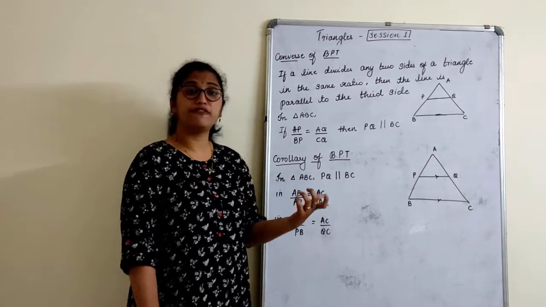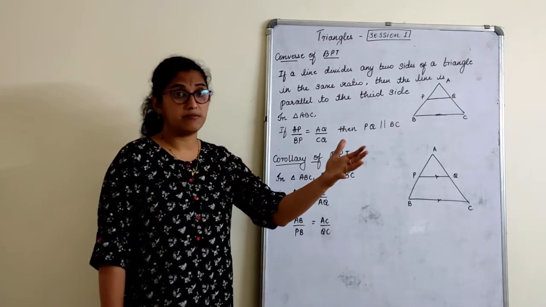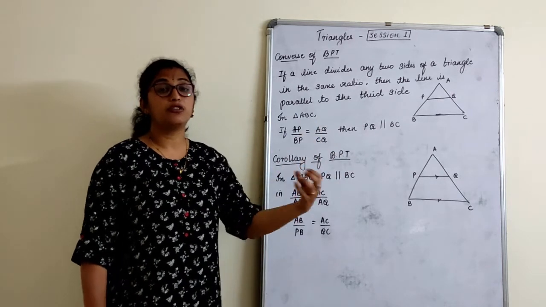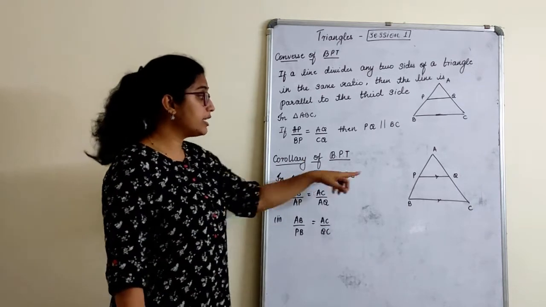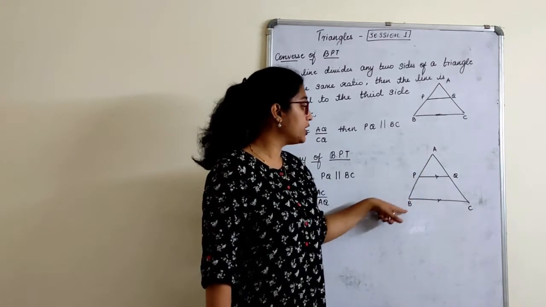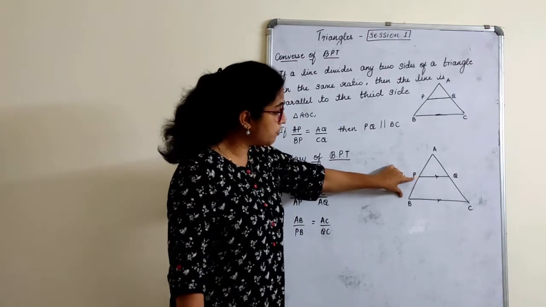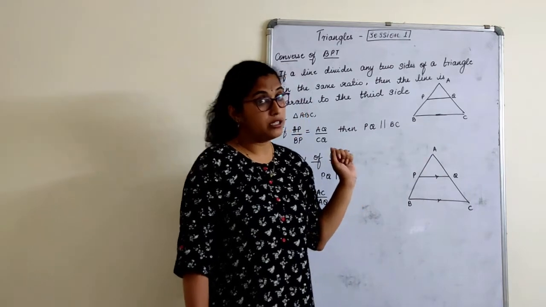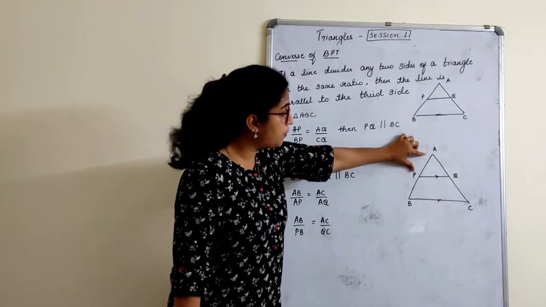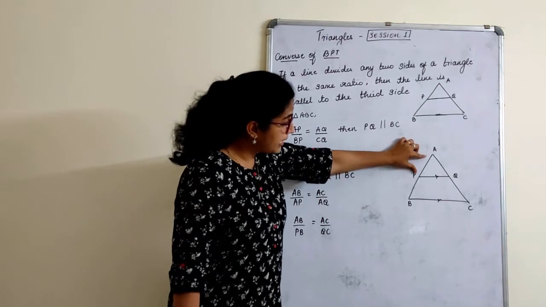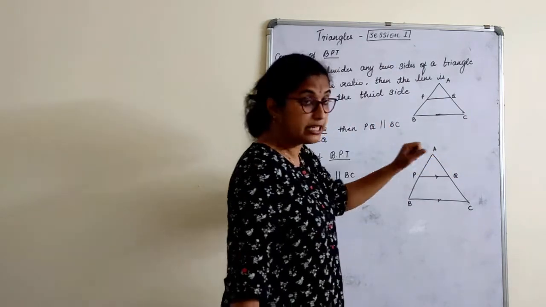Next, corollaries of BPT. Now what do you mean by corollaries? Corollaries are something which we derive from the theorem sometimes. What else we can expect or derive from the theorem? We already know that in a triangle, if PQ is parallel to BC, then it divides proportionally, that is AP upon PB is equal to AQ upon QC. Along with that, also we can say that AB upon AP is equal to AC upon AQ.